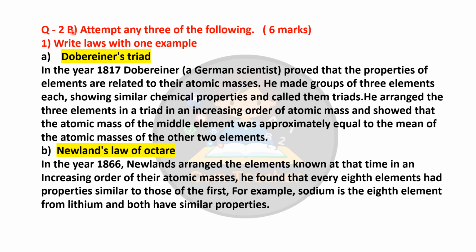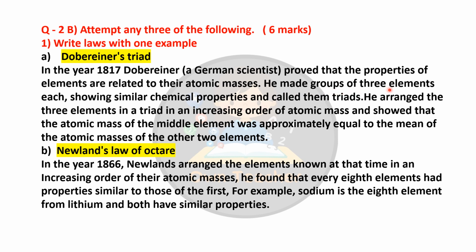Question 2b. Attempt any three of the following for 6 marks. Number 1. Write laws with one example. A. Dobereiner's triads. In the year 1817, Dobereiner, a German scientist, proved that the properties of elements are related to their atomic masses.